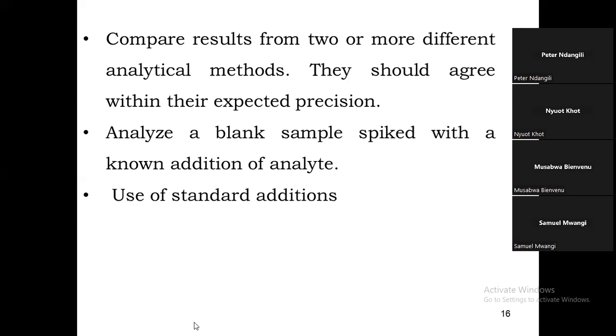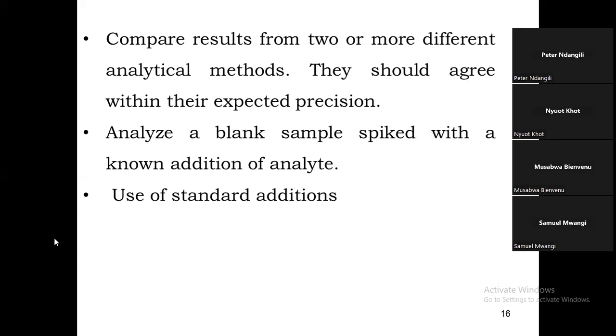Another way is to analyze a blank sample that is spiked with a known addition of an analyte. In this particular sample, you add a known concentration of the analyte, and then you go ahead and analyze.